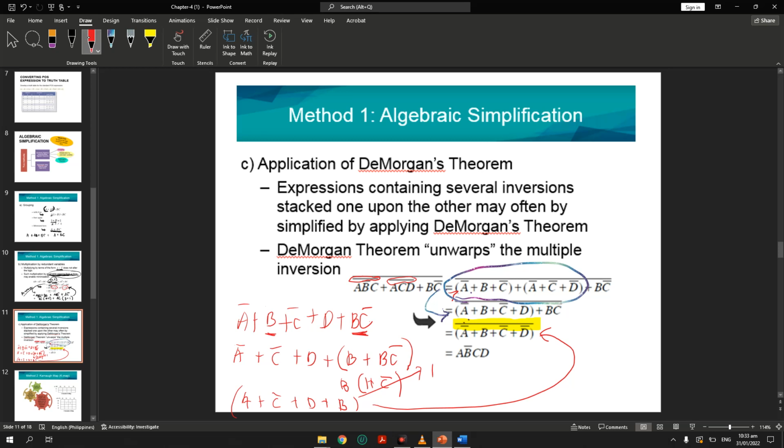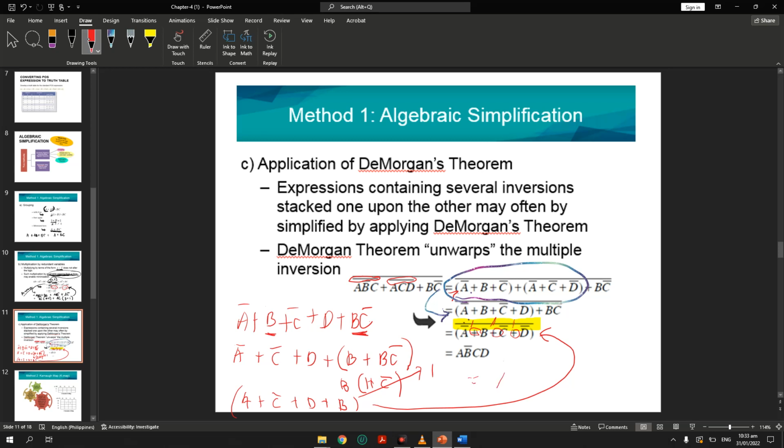So we will break this bar, the yellow bar. Since this is positive, we have to change this plus into multiplication because we want to break this bar.